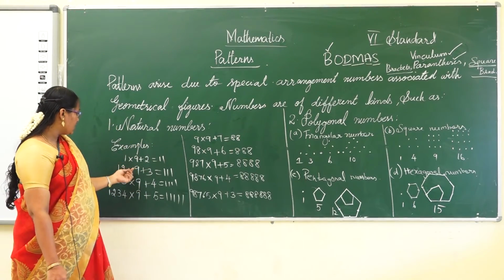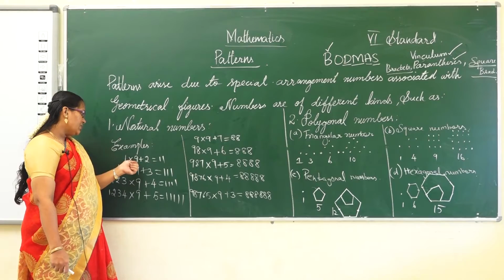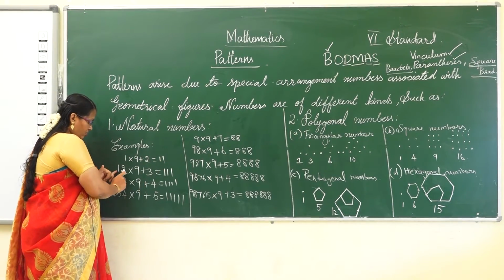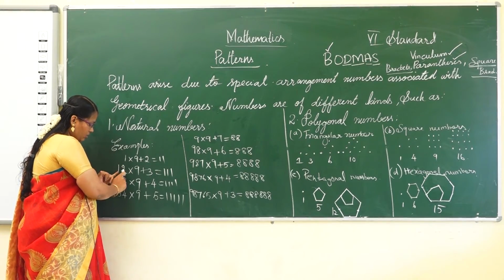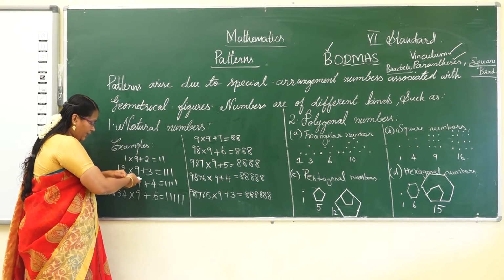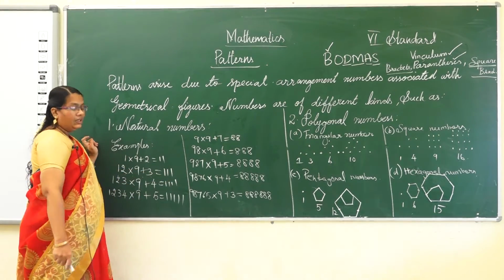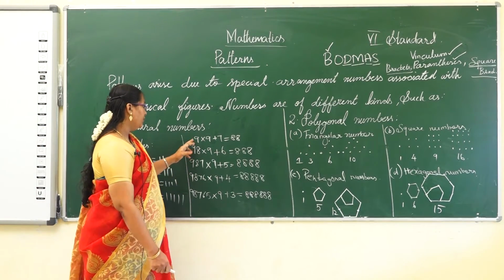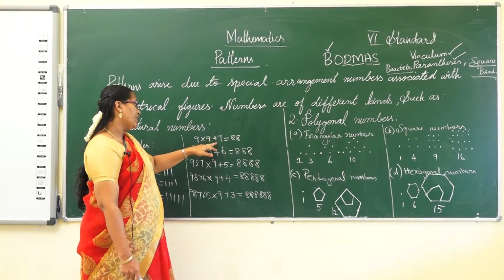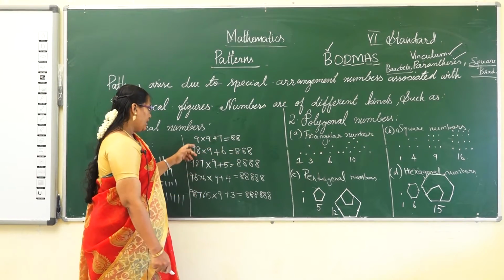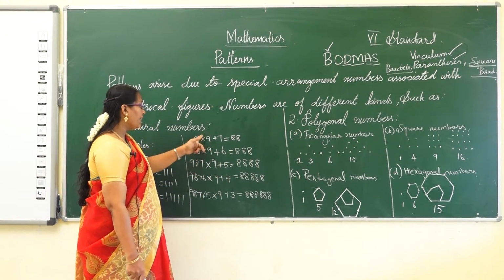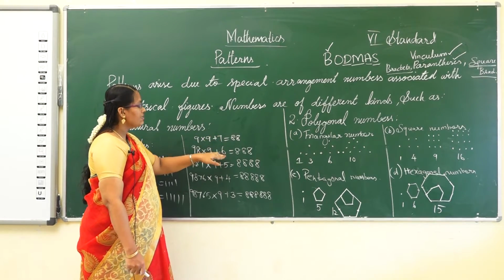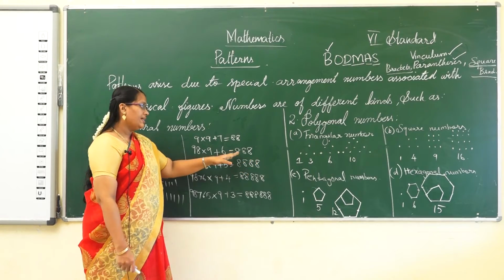Natural number pattern, see the example: 1 into 9 plus 2, we get 11. Next, 12 multiplied by 9 plus 3, we get 111. So it's one type of pattern. See another pattern: 9 into 9, 9 nines are 81, 81 plus 7 is 88. Next, 98 multiplied by 9 plus 6 is equal to 888.